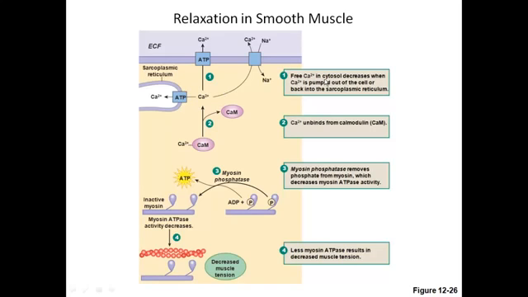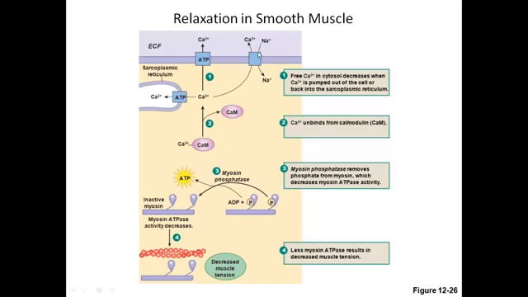Free calcium that's in the cytosol, so that means that's not bound to calmodulin, is pumped through a calcium ATPase back into the sarcoplasmic reticulum and can be pumped by another calcium ATPase pump out to the extracellular fluid. A third way that we can eliminate this extra free calcium is using a sodium calcium exchanger. So using sodium traveling down its gradient, we can move calcium out of the cell against its gradient back into the extracellular fluid.